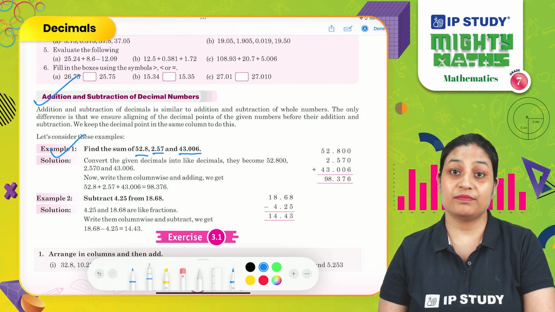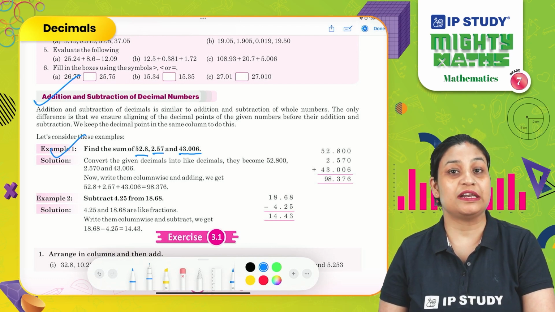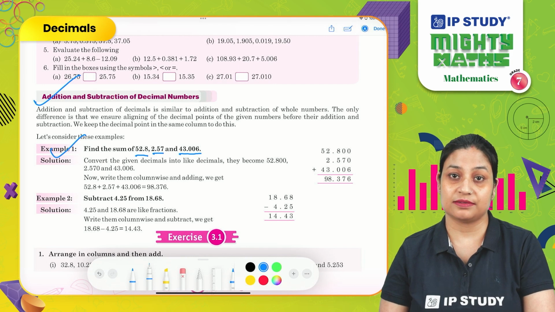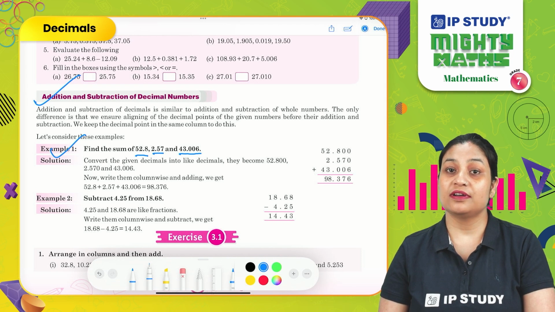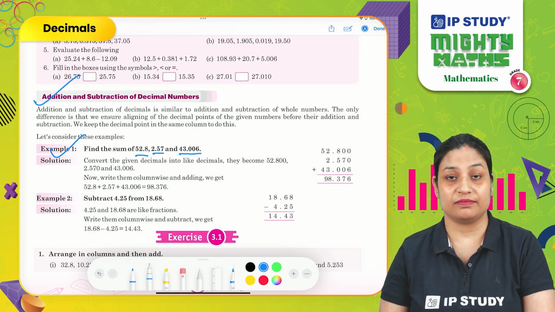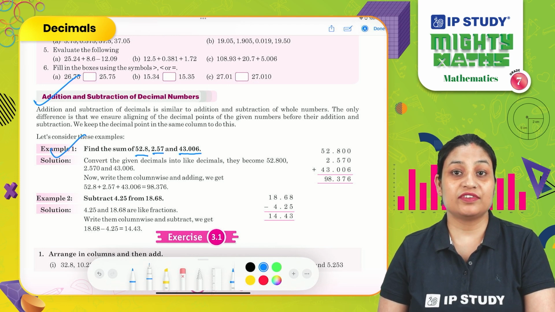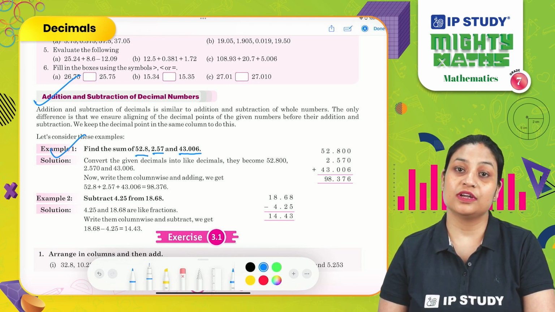First of all, before adding, check if these decimal numbers are like decimals or unlike decimals. If they are like decimals, then just add the numbers as they are. Just remember, put the decimal one below the another while writing the numbers in a column. Next, if the decimal numbers are not like numbers, then you have to convert unlike numbers into like numbers.